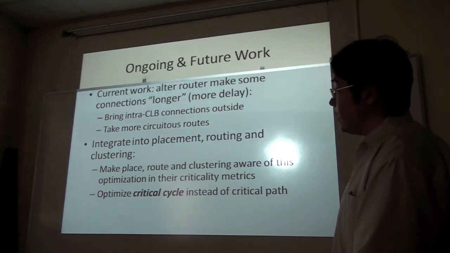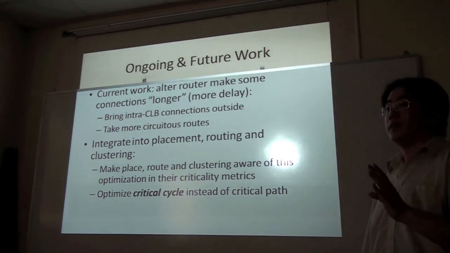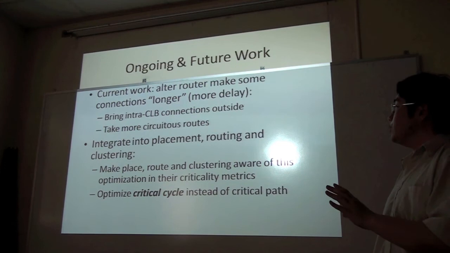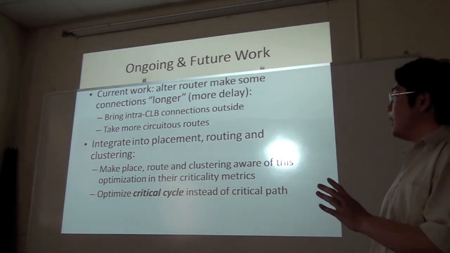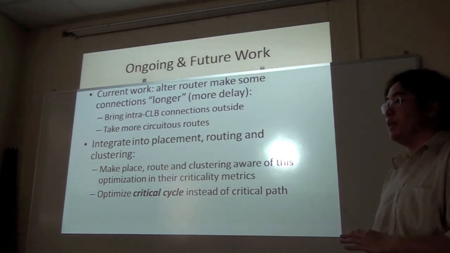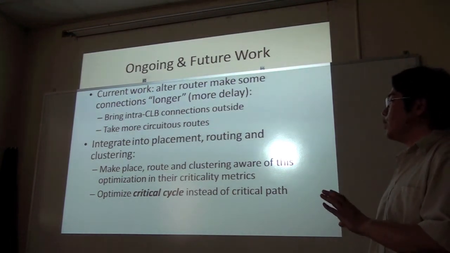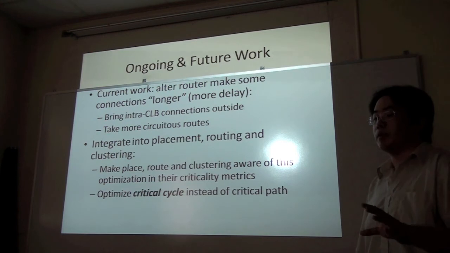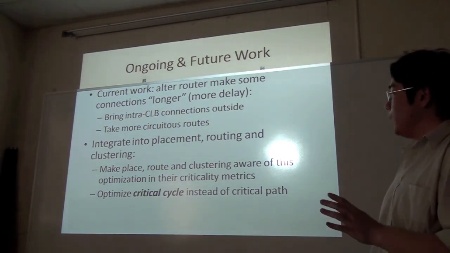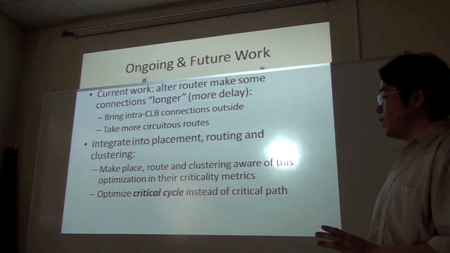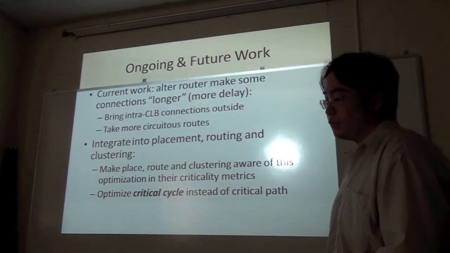As well, we can integrate the notion of latches into placement and routing, as well as clustering, by changing the criticality metrics, meaning that we change how we want the tools to optimize the design. What we essentially want to do is to optimize the critical cycle rather than the critical path, at least for timing.